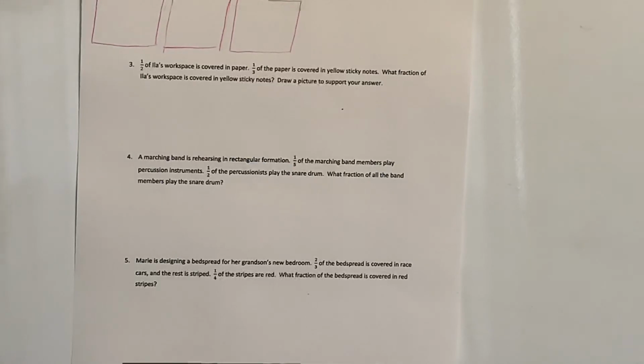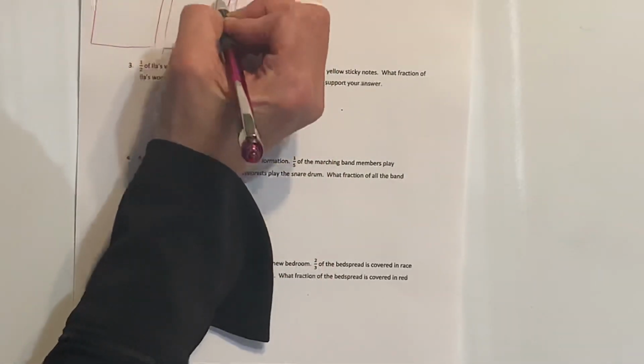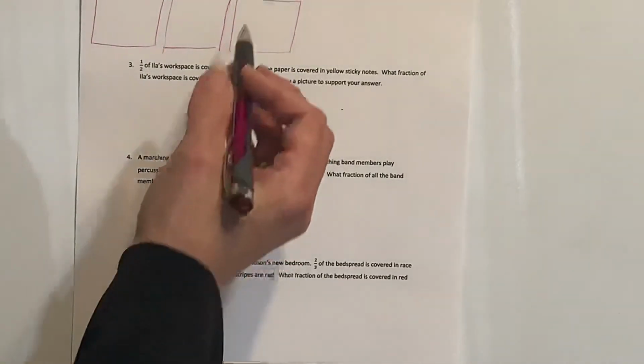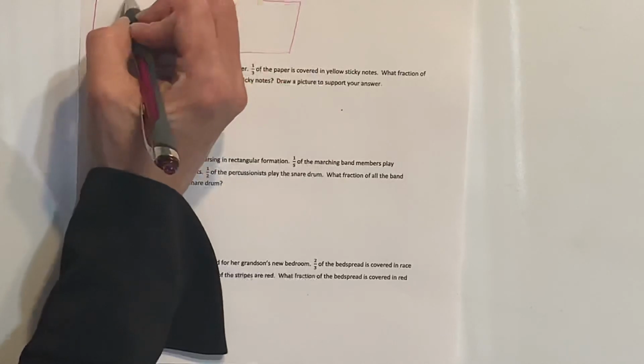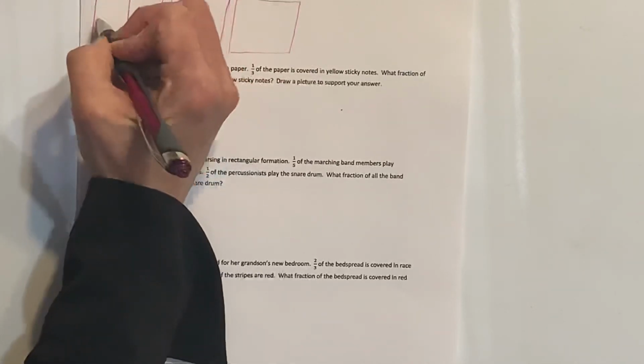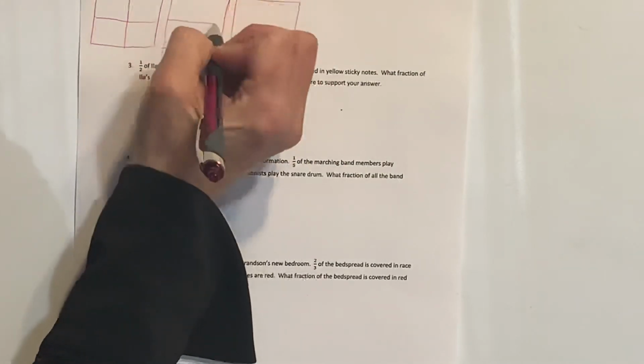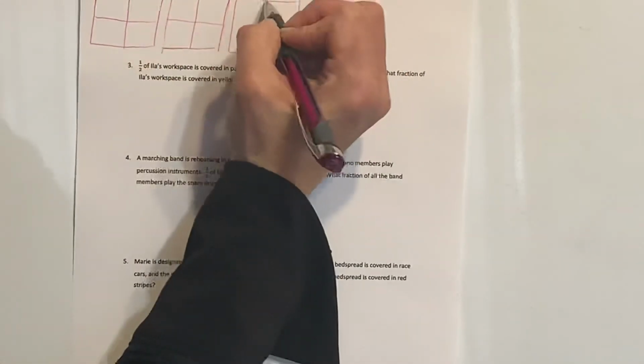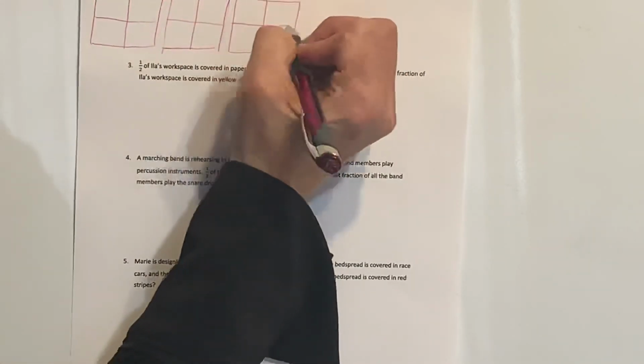I know that when I take 1/4 of 3, I'm going to be taking 3 whole and splitting it into fourths. Each one of them will have to be split into fourths.